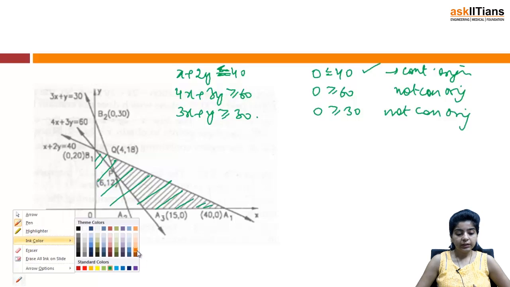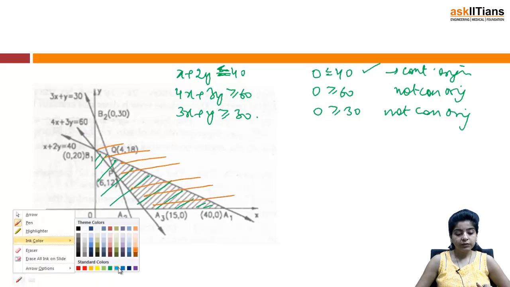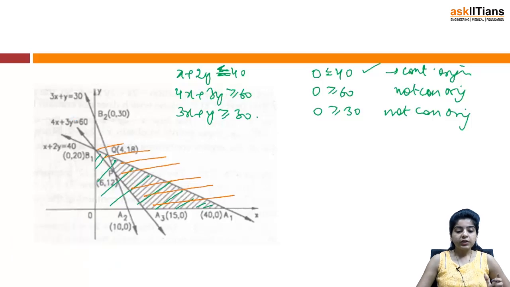Then in case of 4x plus 3y, this line, this would be the region. And then in case of 3x plus y equal to 30, again this would be the region.